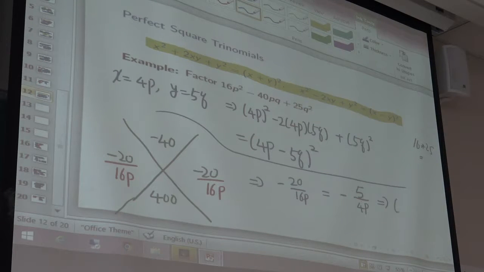That implies we have 4p minus 5. But we have a q here, right? So you can put the q. So 4p minus 5q from the left hand side, and another 4p minus 5q from this side, which is a square. Any question?